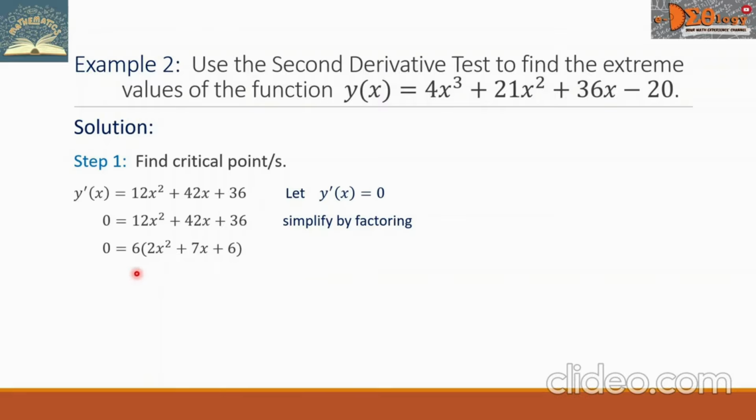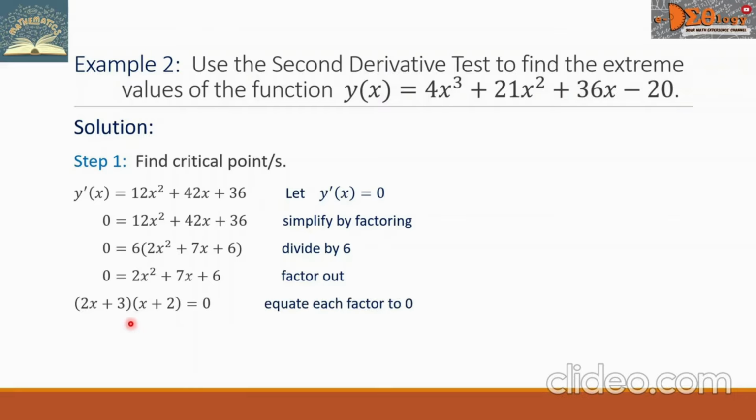We simplify further the equation by dividing by 6. If we do that, we can cancel the constant 6 here. And on the left side, the same 0 will come. So we have 0 equals 2x squared plus 7x plus 6. Then we factor. The factors are 2x plus 3 times x plus 2 equals 0.